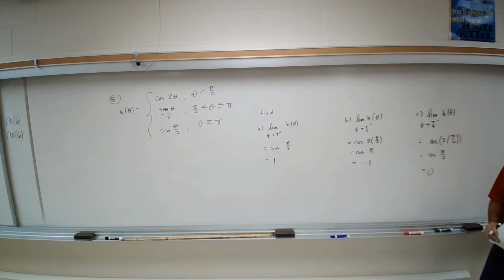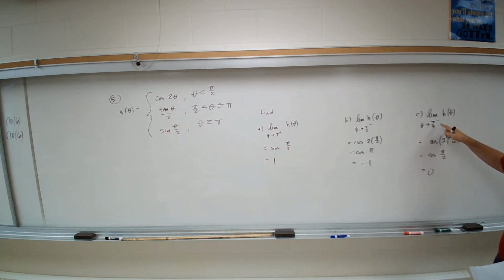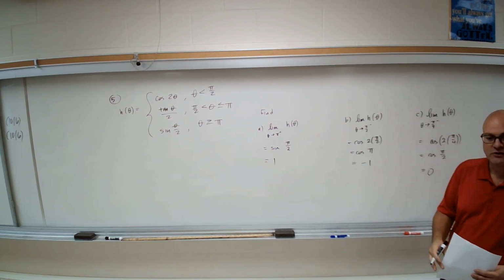Is that good? So you can answer all the limit questions from a piecewise function. And also here, this would have been the same as if I had done the two-sided limit or the right-hand limit at pi over 4, because they're both defined by the same rule. Just want to make sure you're aware of that.